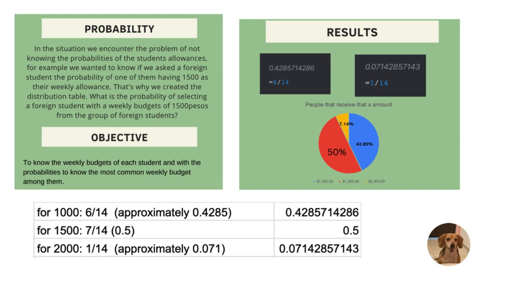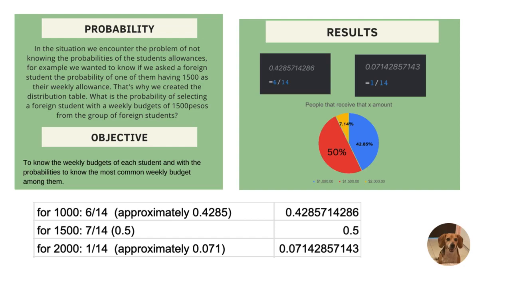Here we have that 6 out of 14, which is approximately 0.4285, or 42%, said that they have a weekly allowance of 1,000 pesos. This 42%, although it's a high number, is not the majority.